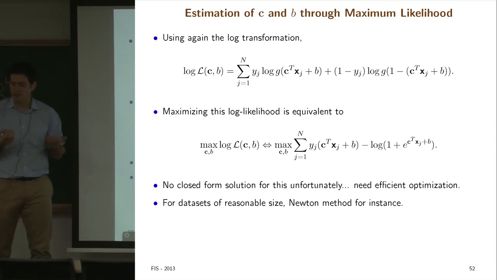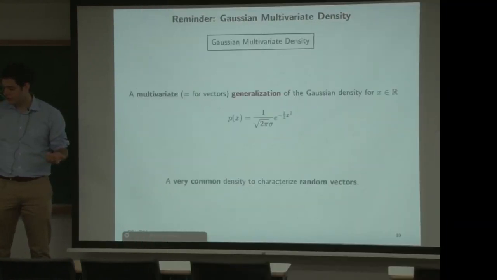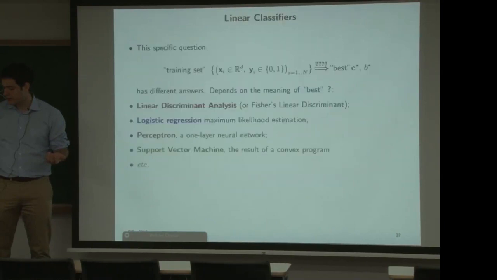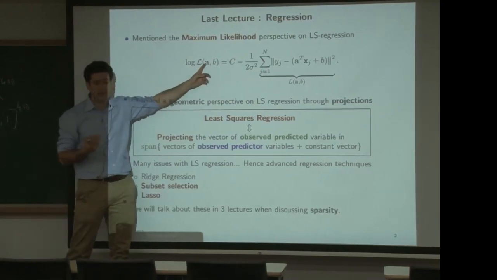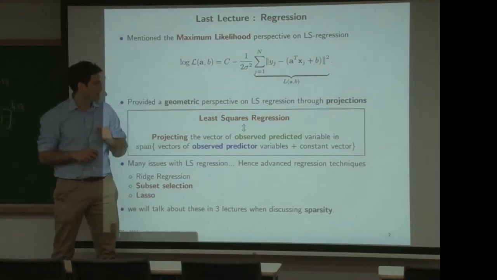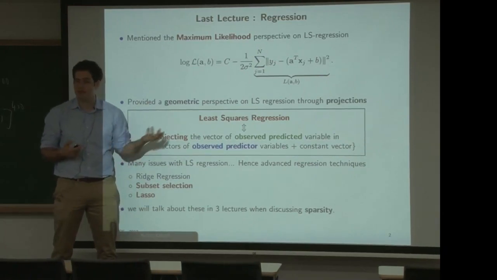You remember that when we were doing maximum likelihood estimation for regression, it was far more simple. The likelihood function, this was really the very first slide of the lecture, was this quadratic function. It was very simple to solve.